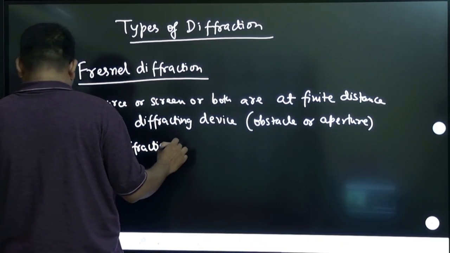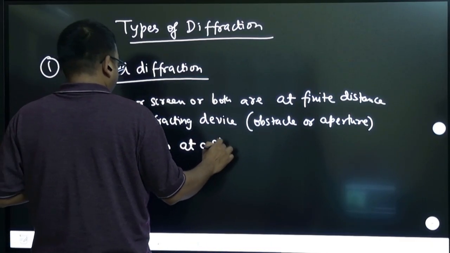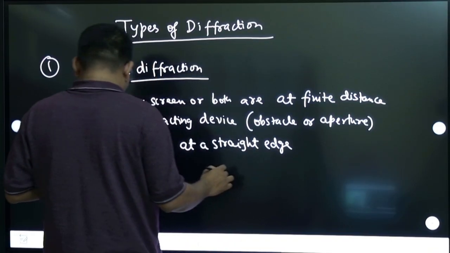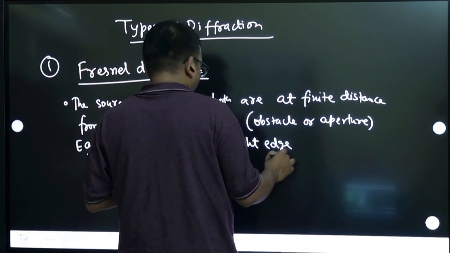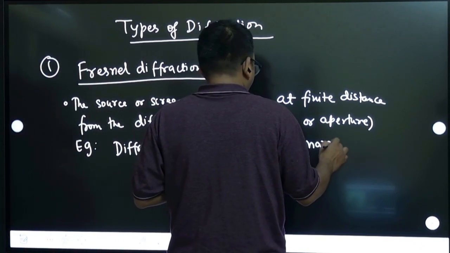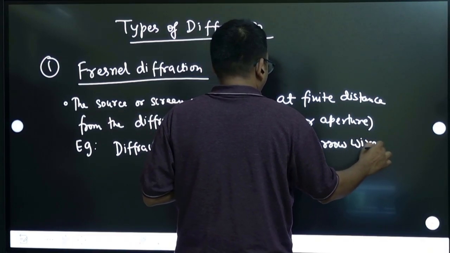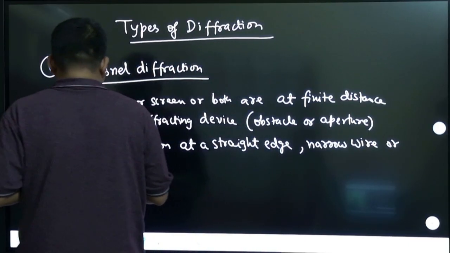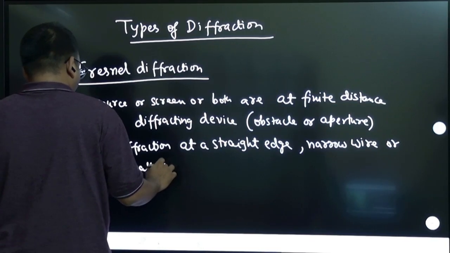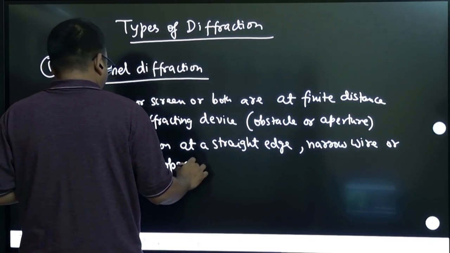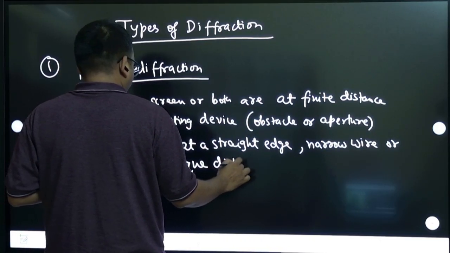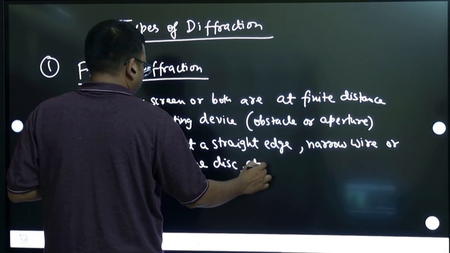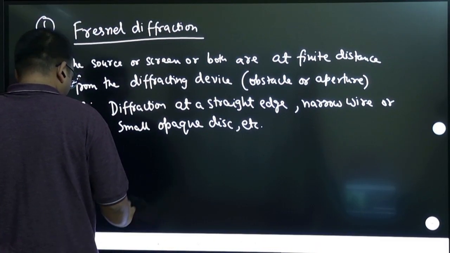Diffraction at a straight edge, a narrow wire, or a small opaque disk, etc. These are examples.